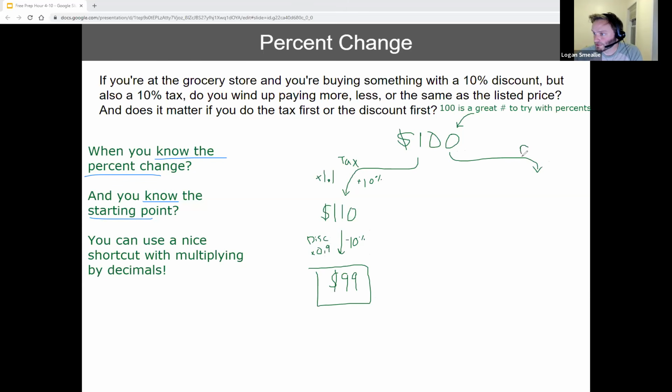Let's try the discount first. If we multiply times 0.9, I have a $90 bill after my discount. But then my tax, I'm going to multiply times 1.1 again, and I'm going to get back to 99.